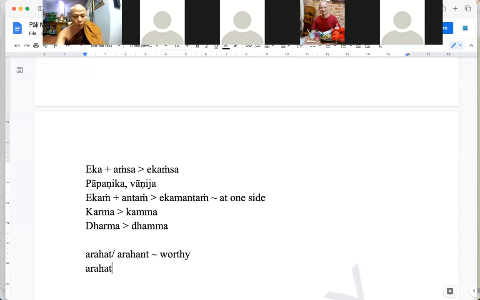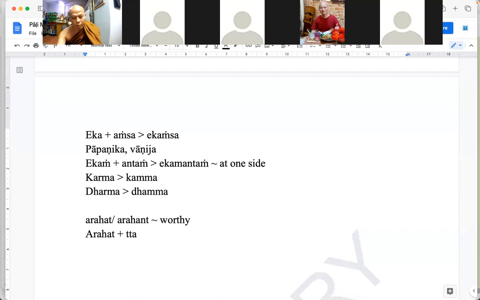So actually arahat, by adding the suffix -ta to denote the state of being or state of something. So we have arahata. Arahata means one who has already reached arahatship, or who has already destroyed all defilements, the taints, asava-kkhaya.